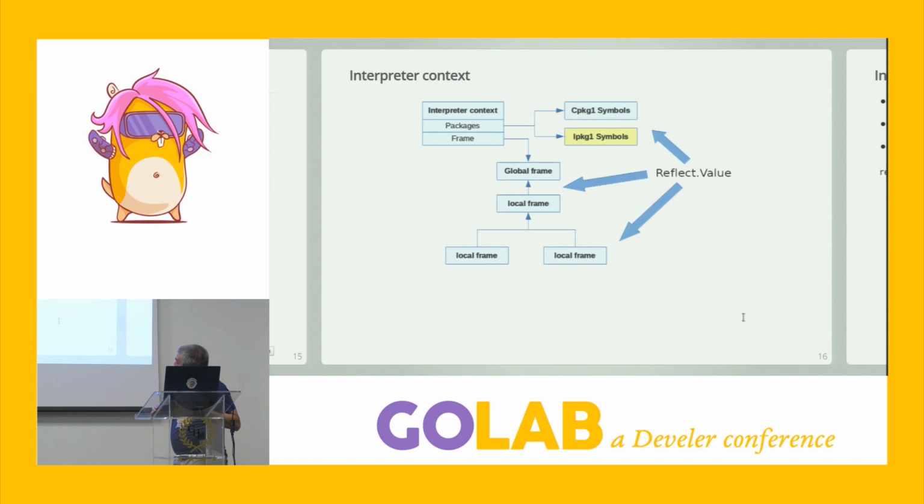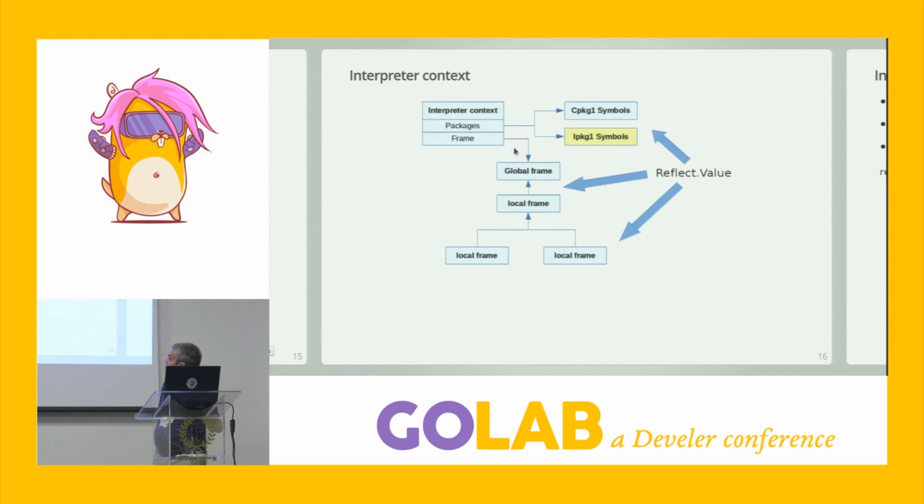Now that we have looked at some examples, let's go back to the interpreter context. The interpreter context holds the state for the Go program which is running, a kind of sandbox. It contains the compiled packages as wrappers, and also the interpreted packages.